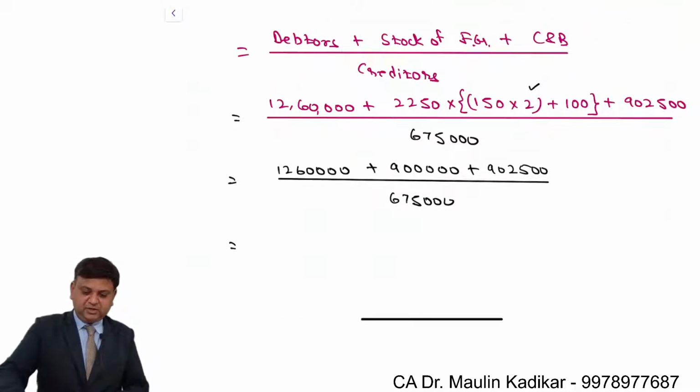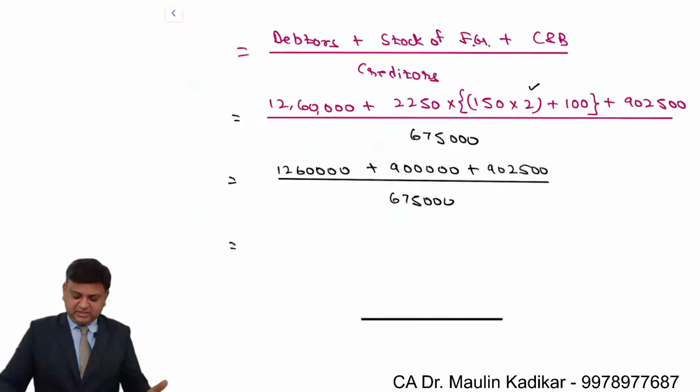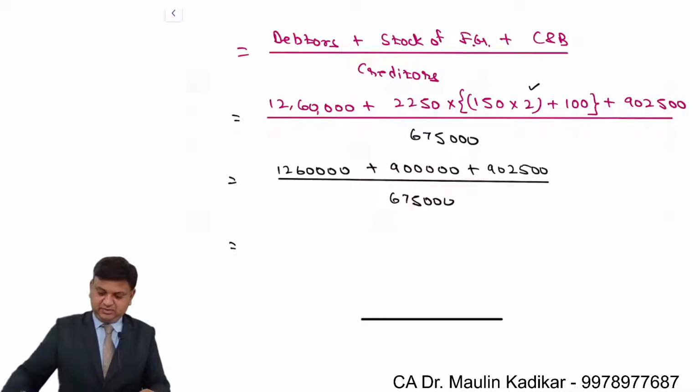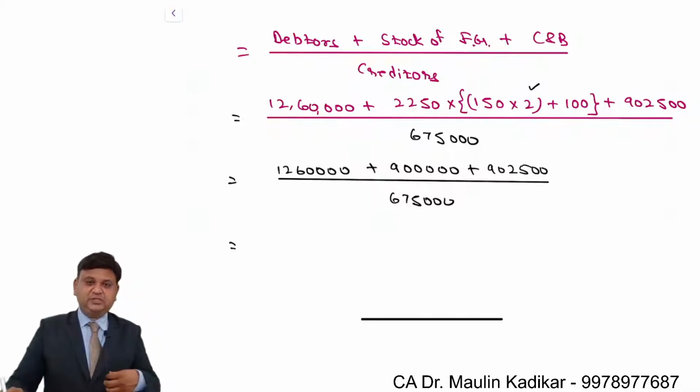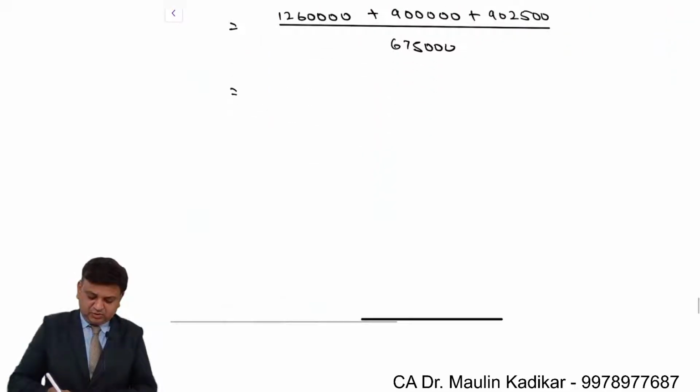Again, use your calculator. 12,60,000, that is the debtors. Sales of March would be outstanding as on 31st of March, plus 9 lakhs plus 902,500, so 30,62,500 divided by 6,75,000.